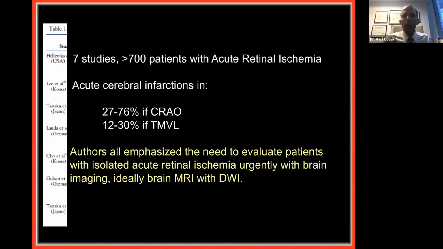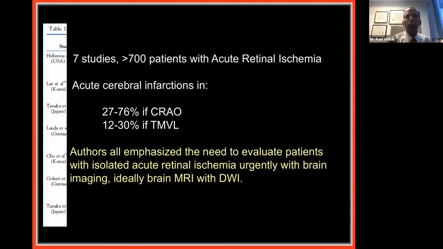Basically the summary of those studies is this: 7 studies, more than 700 patients with acute retinal ischemia. In these patients, who all got MRIs, if there was a central retinal artery occlusion, up to 3/4 of the patients, even though they were otherwise asymptomatic, had silent strokes on their MRIs.